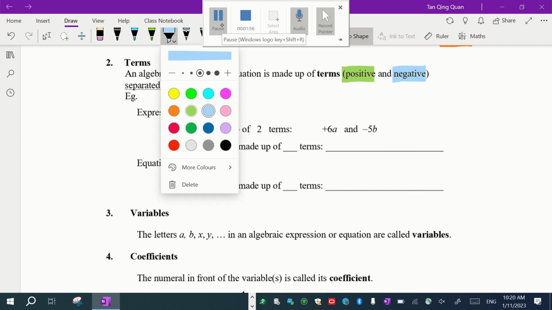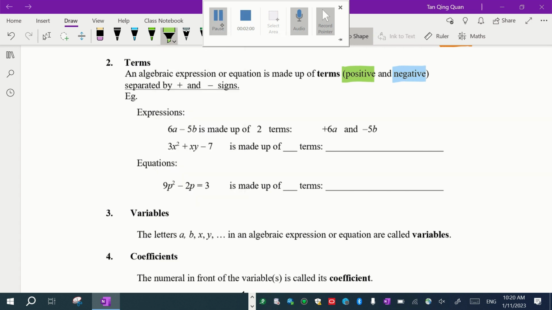So for a positive term, most of the time, we do see a positive or a plus sign. And if we do not see it, most likely it is the very first term in an expression or equation. So you see in this case here, for expression 6a, there is no sign in front of it. This is a positive 6a.